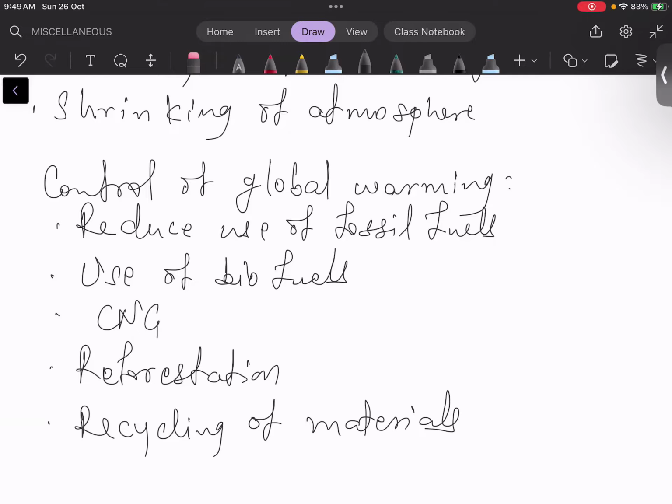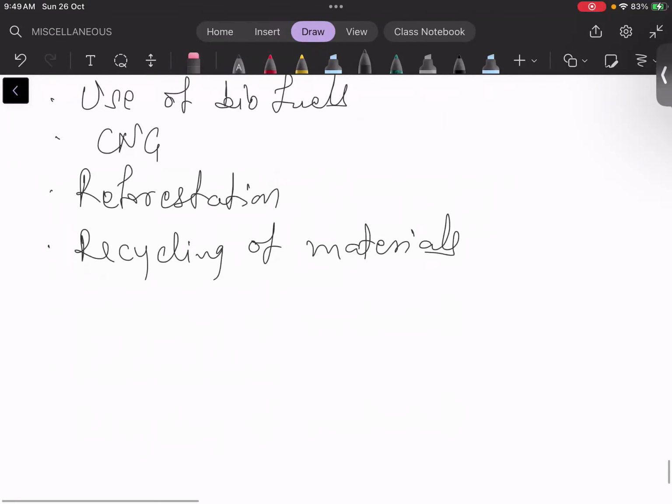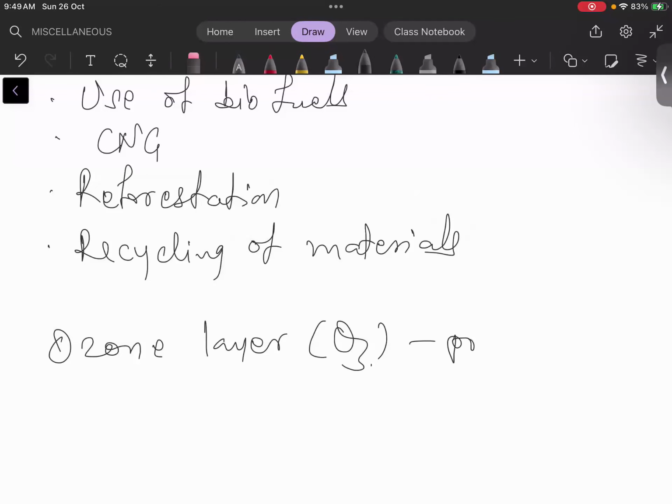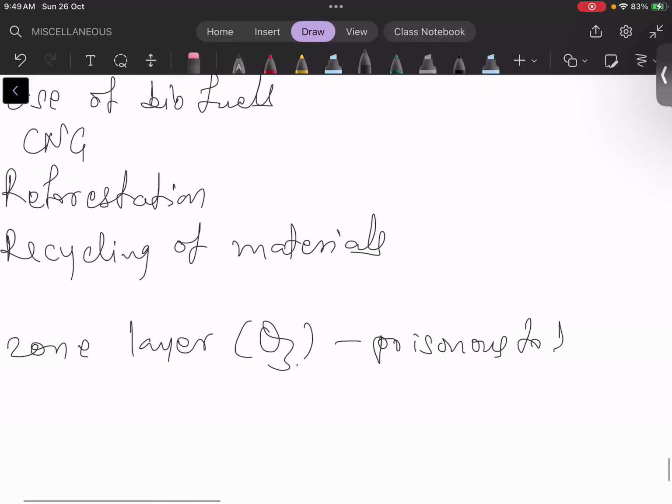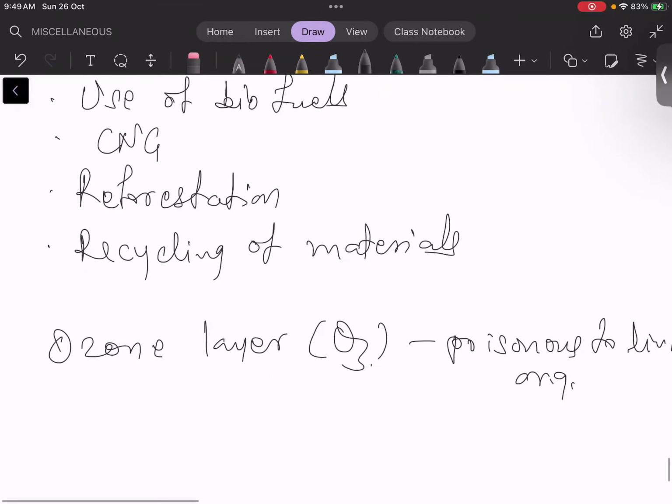Then next one is ozone layer. Ozone has the formula O3. It is highly poisonous to living organisms.